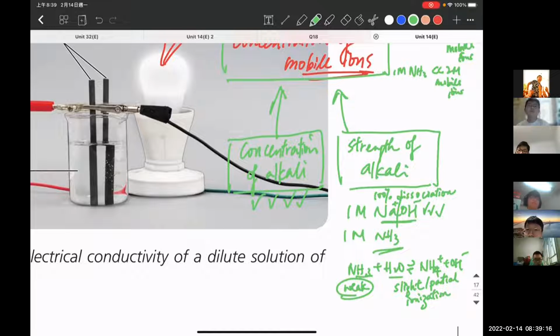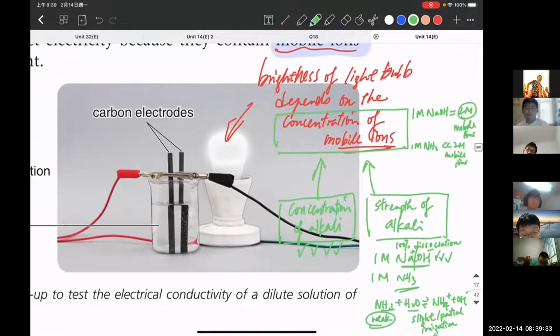So if you use a stronger acid, when comparing 2 acids of the same concentration, the stronger acid will have a higher concentration of mobile ion, which leads to a brighter light bulb. Can you get my point? For the acid, if I adjust it to be more concentrated, the light bulb will be brighter.